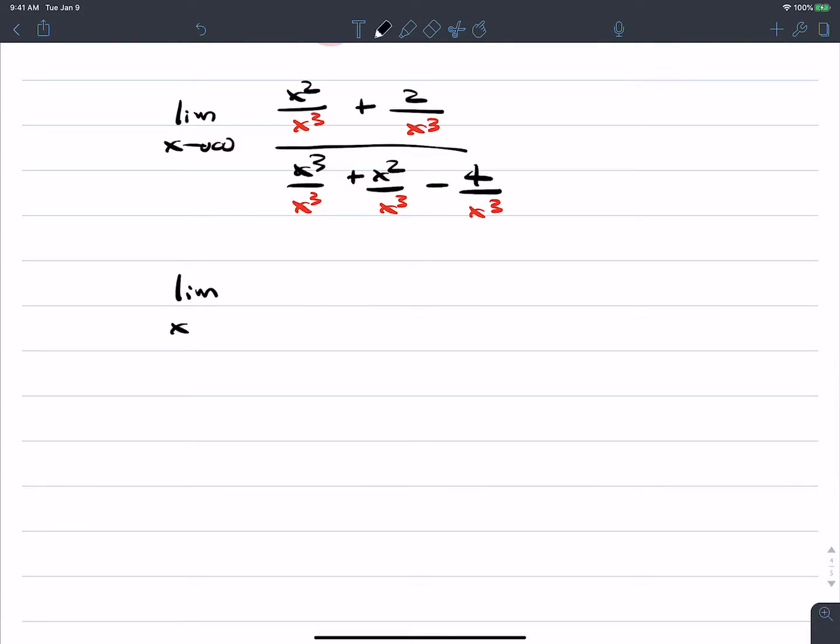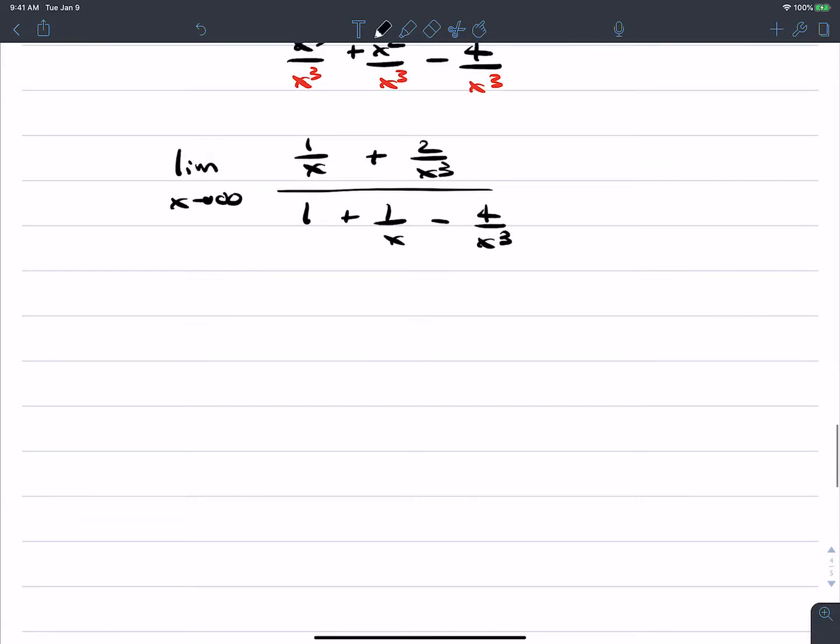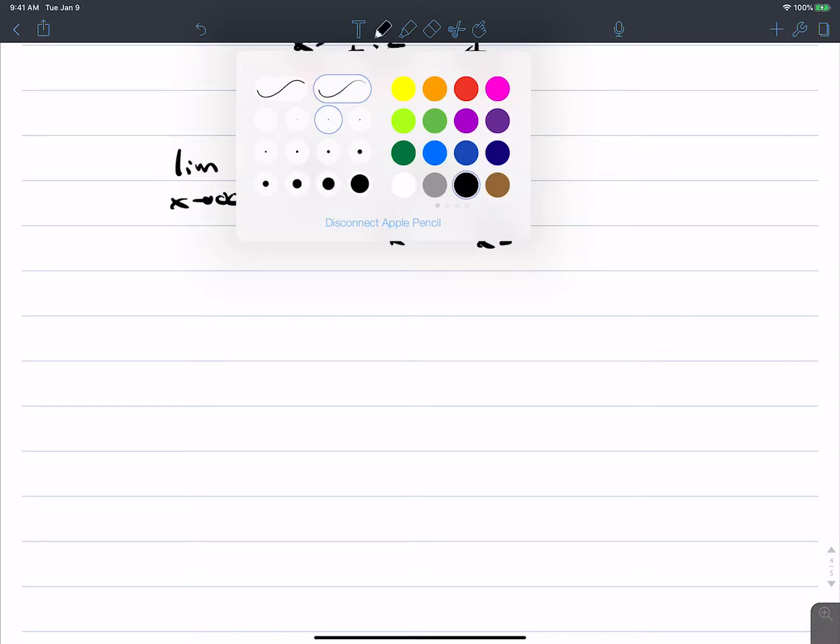The limit as x goes to infinity: this is 1 over x, plus 2 over x cubed, over 1 plus 1 over x minus 4 over x cubed. Properties of limits, right? I won't write it down, I'm just going to say here, use properties again.